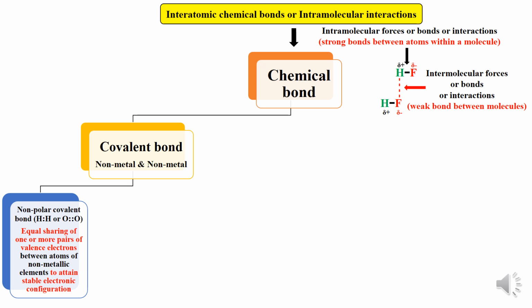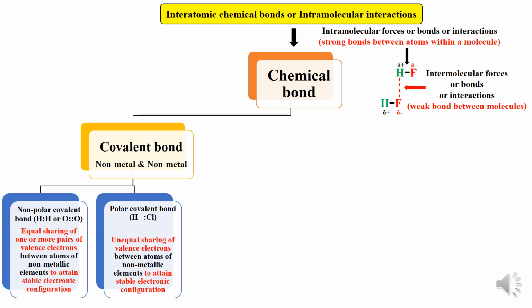And why do elements bond? The elements bond to attain the stable electronic configuration. So you'll come across non-polar covalent bond in the case of homoatomic molecules, where you find the bond between identical atoms with similar electronegativity.